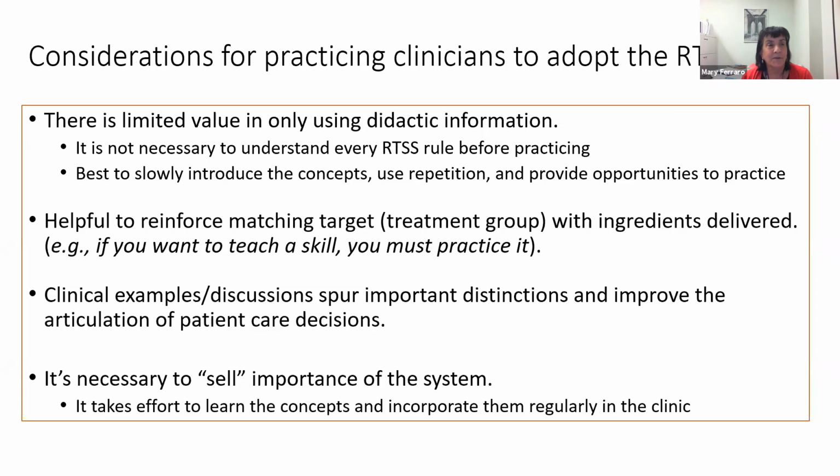There are some very basic concepts about ensuring things match up in the treatment groups, and using concepts about volition ingredients and separating the engagement of the patient from their actual completion of the exercises, that I think is really helpful for clinicians to think about and build on the treatment principles that they want to conduct in the clinic.